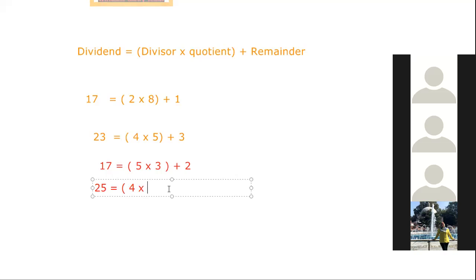Nancy: It's 5. 4 times 5 equals 20. But there is still more than 20, miss. 4 times 6 is 24, plus 1. I want the closest number to 25, and 4 times 6 is 24, which is closer to 25.